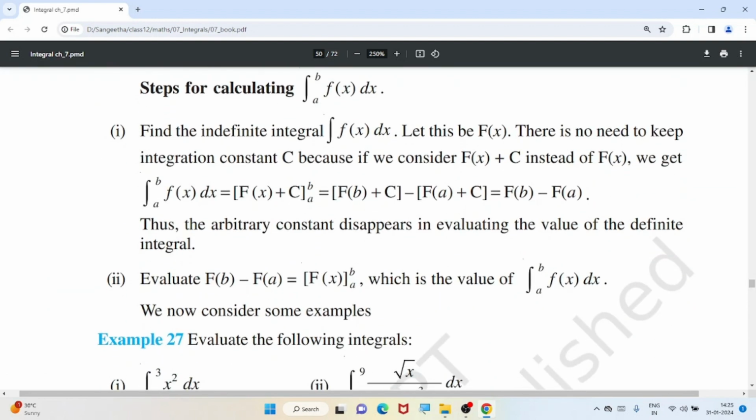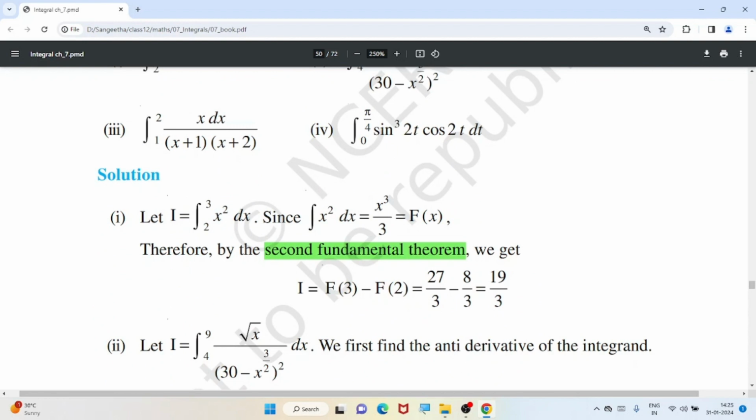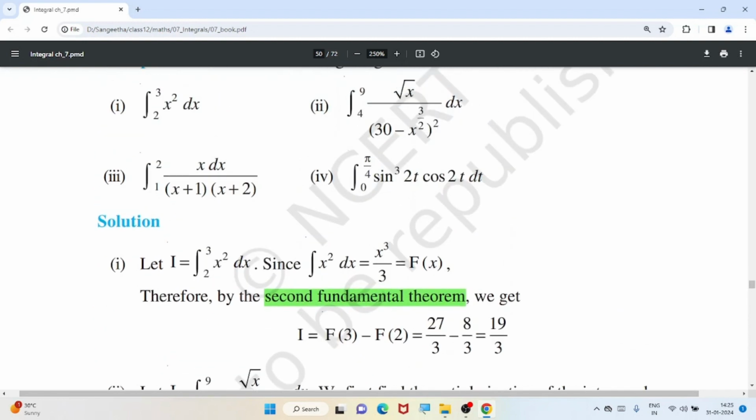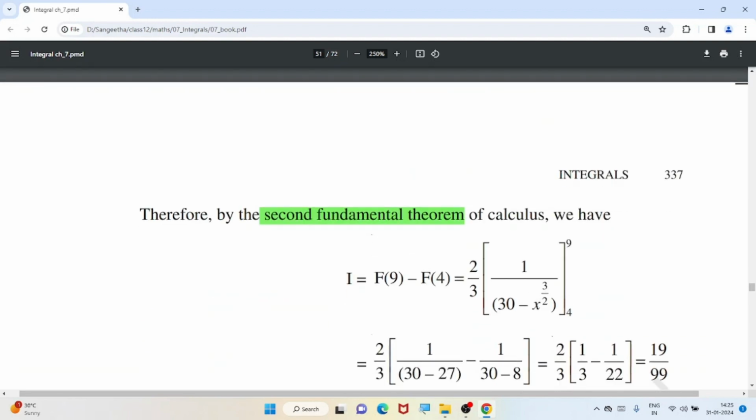These are the steps for calculating the integral from a to b of f of x dx. These are the first and second fundamental theorems mentioned above, and how to use those theorems here.